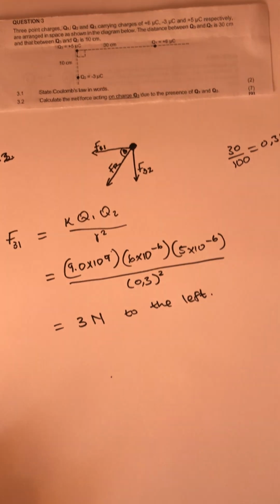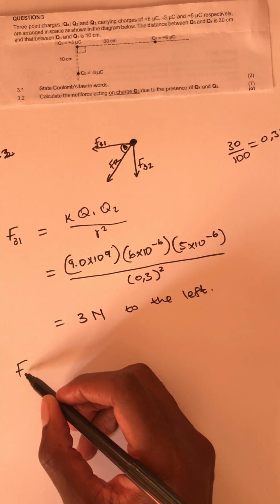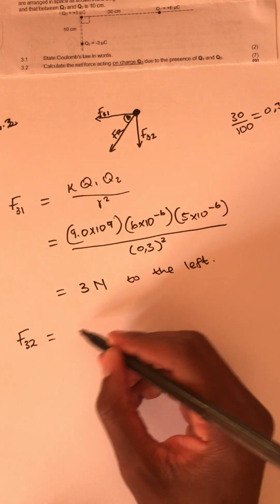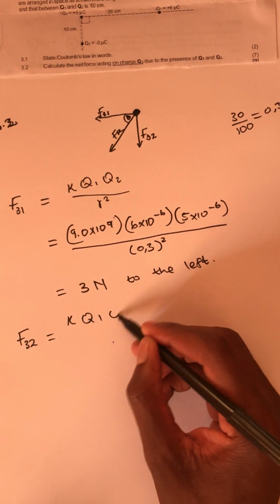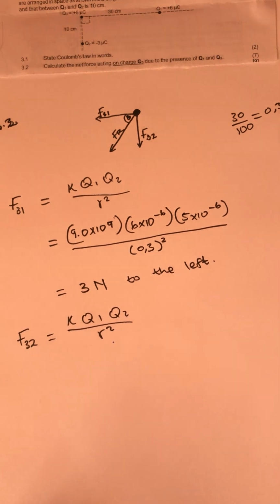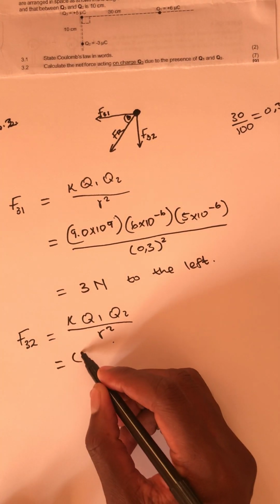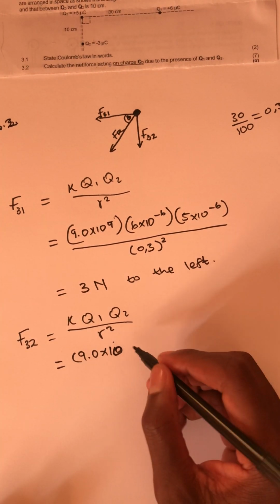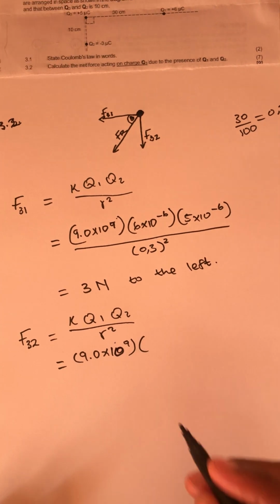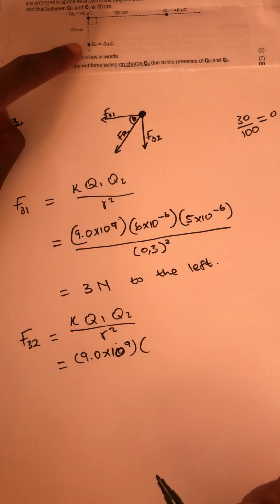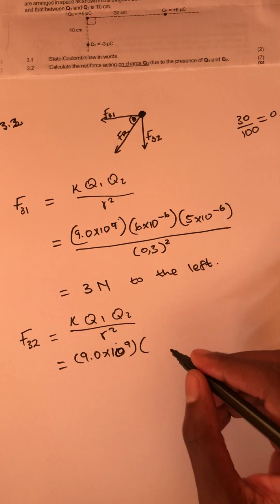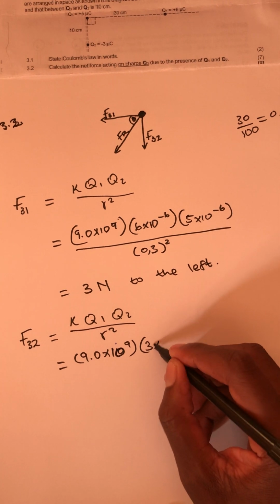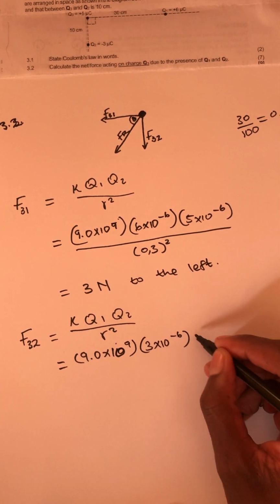So now the electrostatic force 3 on 2 will be K Q2 Q3 all over r squared. What is K? We know K is 9.0 times 10 to the power 9. Now we're talking about Q2 and Q3. So Q2, we ignore the negative, we take it as 3 times 10 to the negative 6.